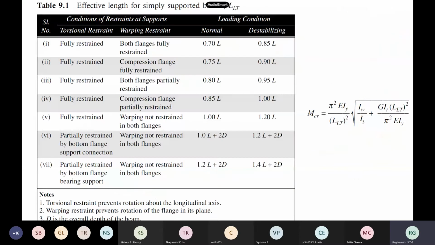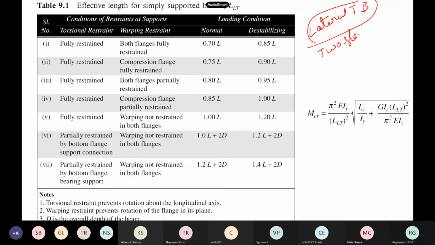And then the code also gives the effective length, similar to a column. Here the problem is that it is lateral torsional buckling. Because it is an LTB issue, you will basically have two slenderness ratios.